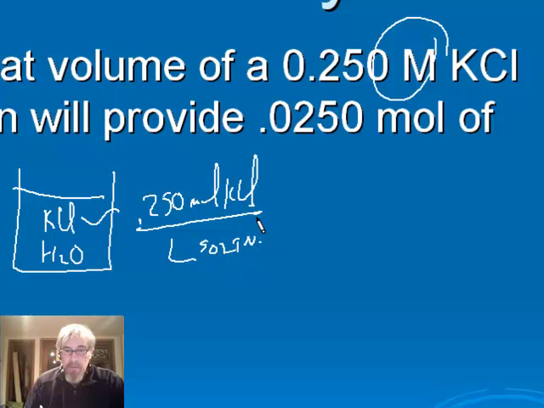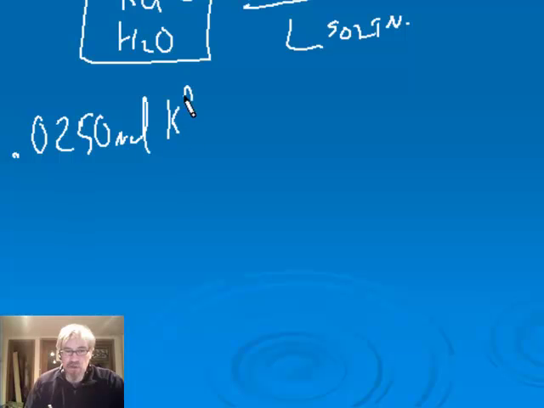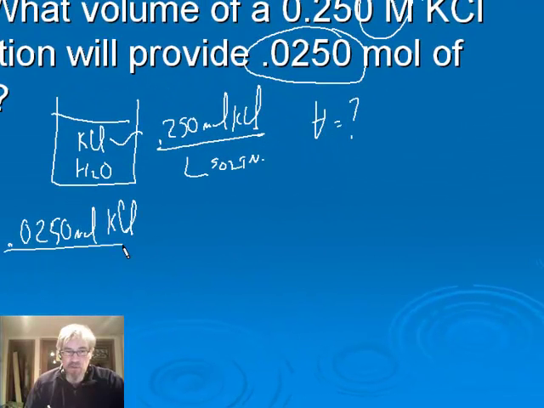And the question is, how many liters of this solution would I need to provide 0.0250 moles of KCl? Here's how you can solve this. Set it up as dimensional analysis. 0.0250 moles of KCl. What I want to find is liters of solution, and the factor that will change it for me is this.